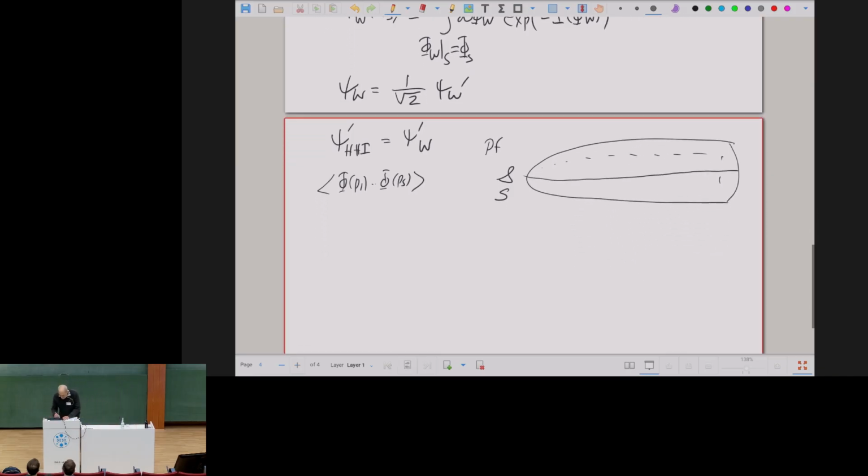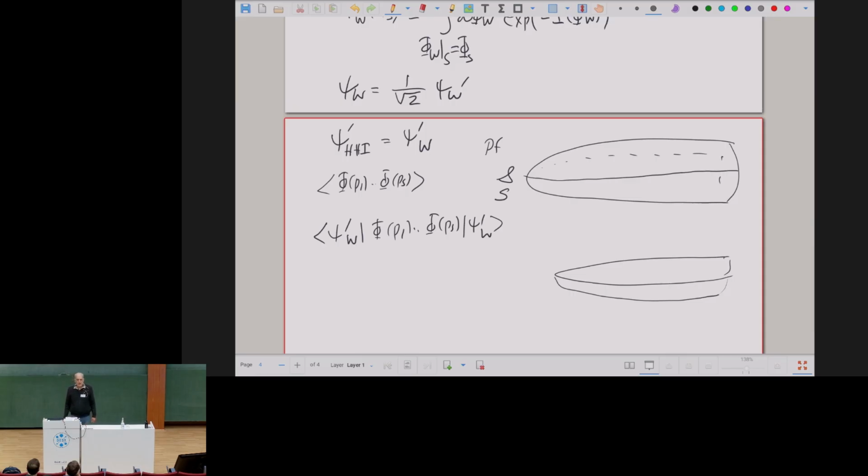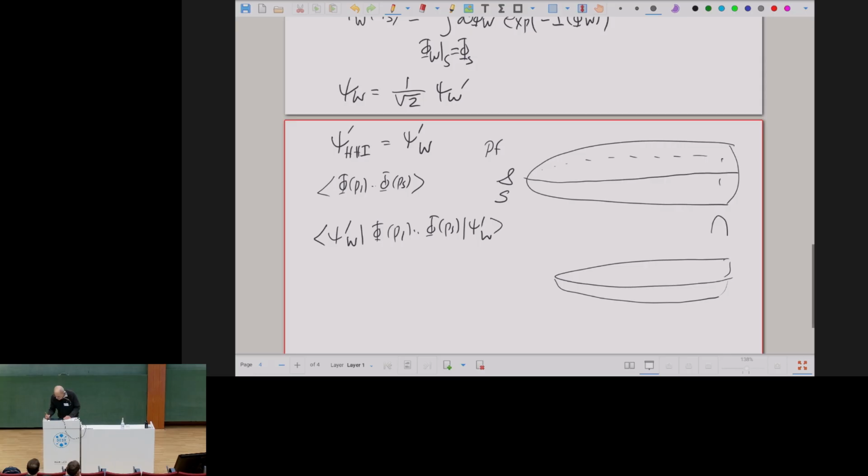If we're working in the state psi prime W, how would we calculate this? Well, we create the ket by an integral in the lower half of Euclidean Schwarzschild. Then we create the bra by an integral in the upper half.